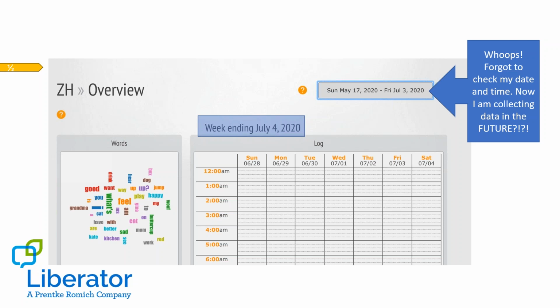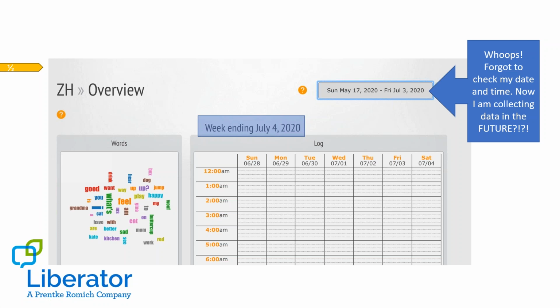If you can see that, this particular data is being collected in May 2020, which, as we know, has not happened yet. For me to then be able to analyse that data and make inferences about what's happening, I need to be sure that the date and time were correct.